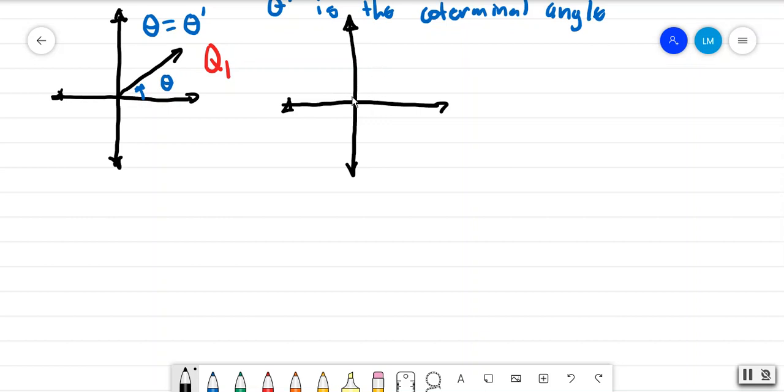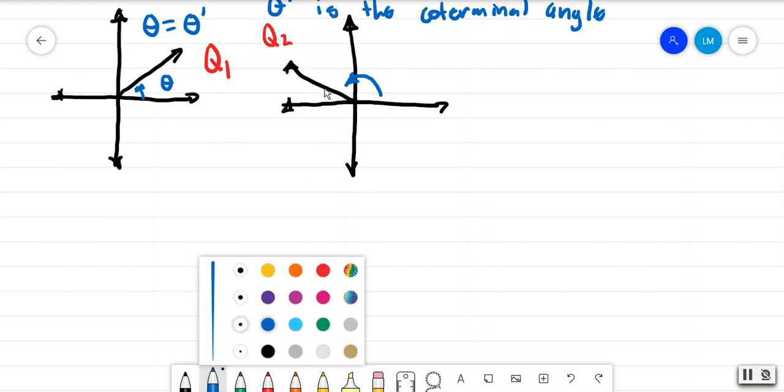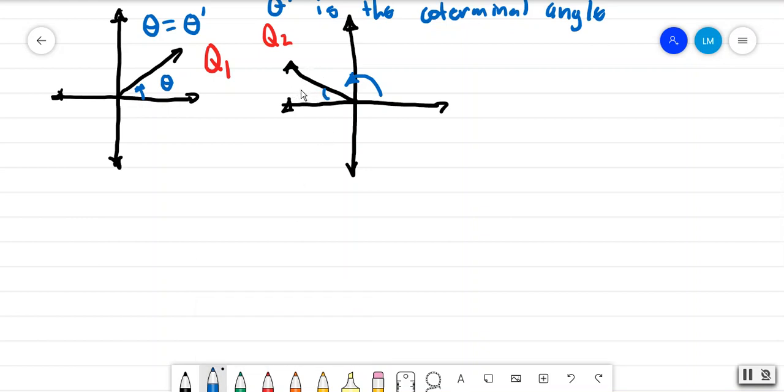So say that you have a ray that terminates in the second quadrant. This angle measure not only terminates in quadrant 2, but now we want to see what the reference angle happens to be. So here this angle measure is going to be theta, and we'll call the other one theta prime.